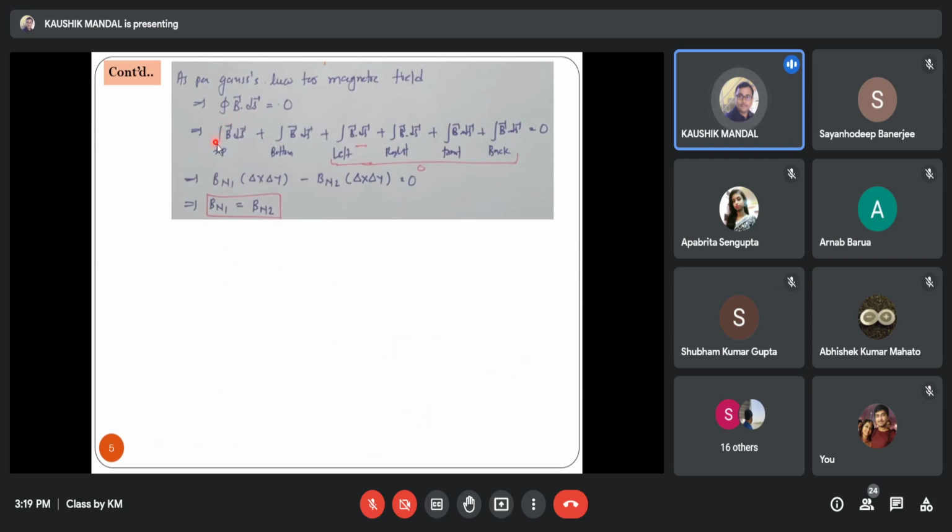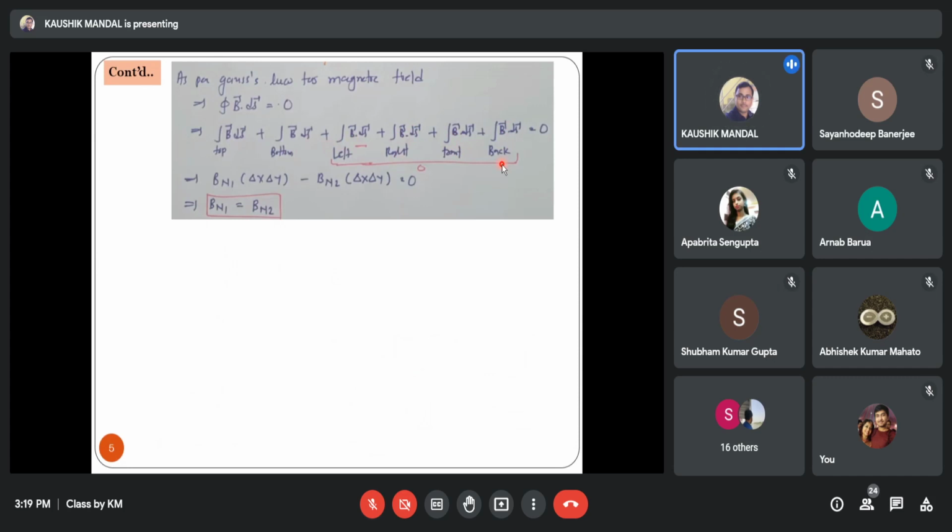Now there are a total of 6 surfaces, so we have to consider the integration over the 6 surfaces separately: B dot ds for the top surface, B dot ds for the bottom surface, B dot ds for the left, B dot ds for the right, and B dot ds for the front, and B dot ds for the back.